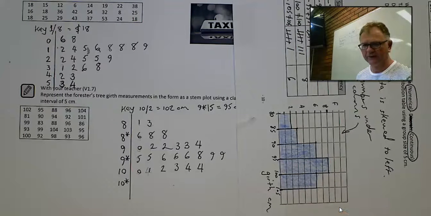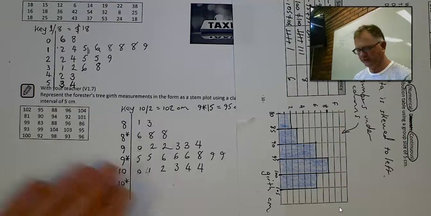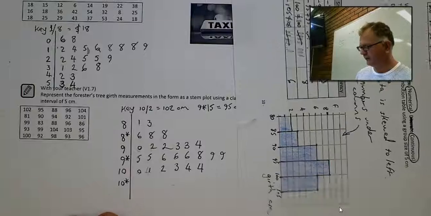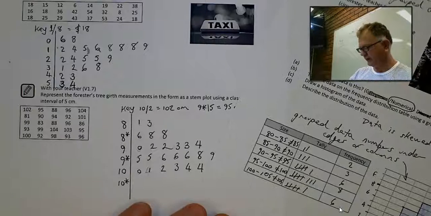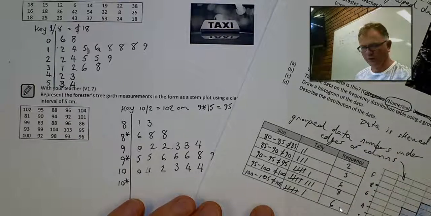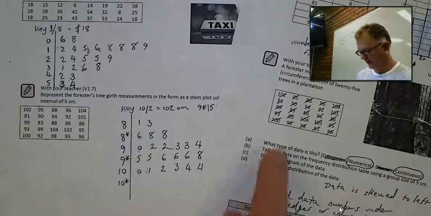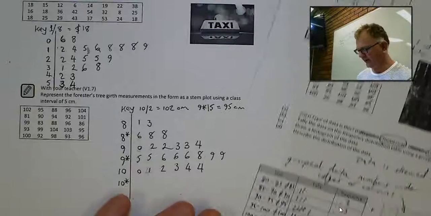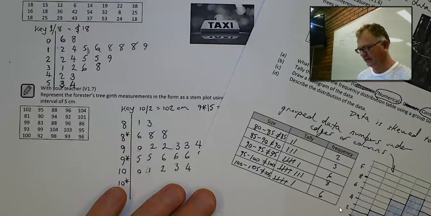The advantage of the stem and leaf diagram is it's retained all of our original data that was here is still here. Whereas in the previous example we had all our original data here, but once we had grouped it and tallied it here and drawn our histogram, we have now lost the original data.